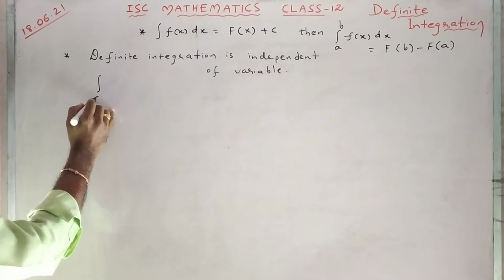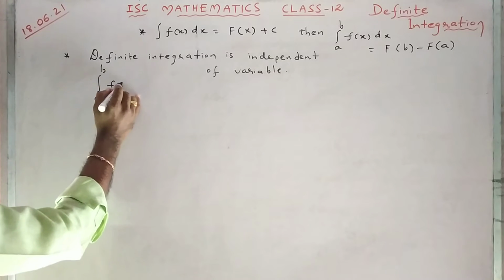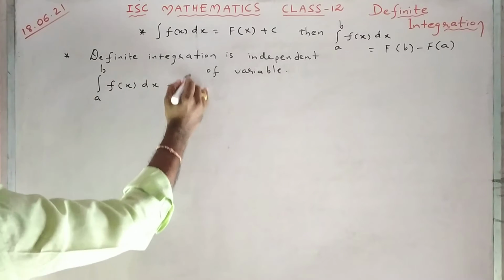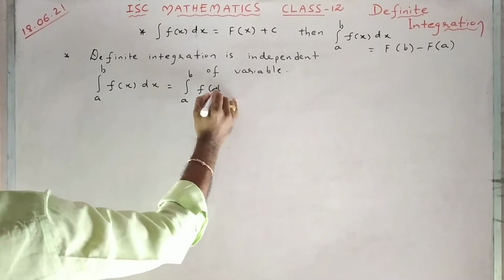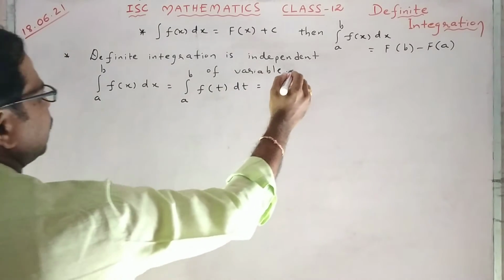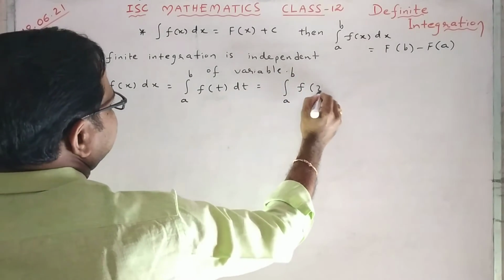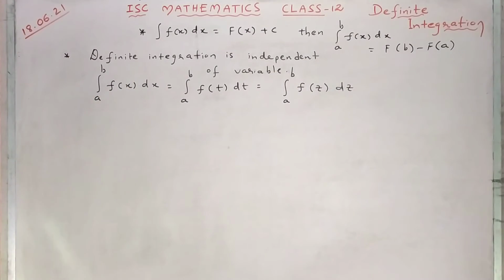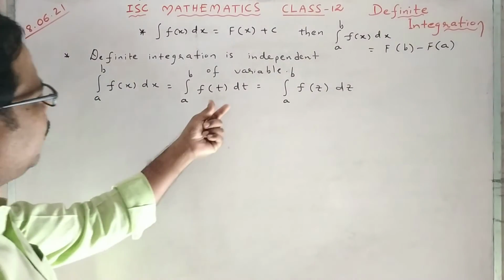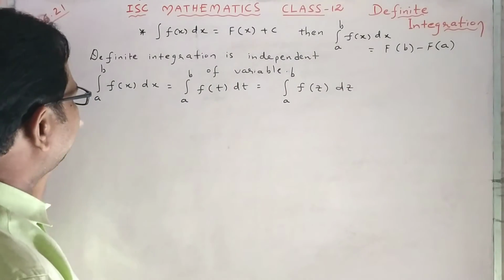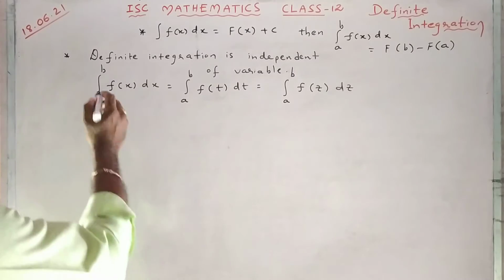For example, integral a to b f of x dx, otherwise integral a to b f of t dt, integral a to b f of z dz, anything we can write. It does not depend on the variable. Any variable can be there, but it depends on limits.